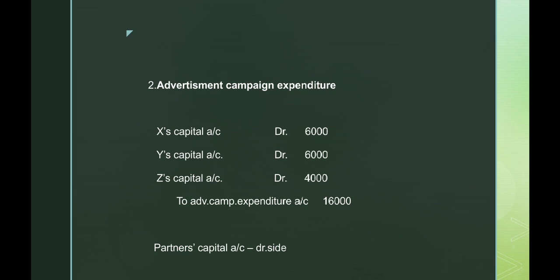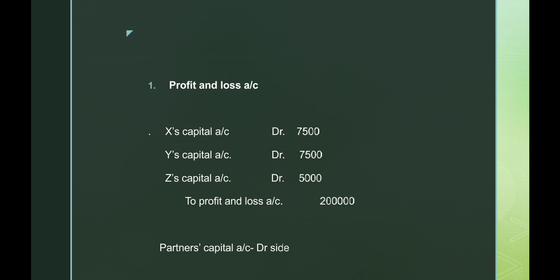Fine. The next thing that we have is profit and loss account. Again, it is on the debit side of your balance sheet in the question. Again, this is a debit balance. So it is to be debited to partners' capital accounts in their old profit and loss sharing ratio.